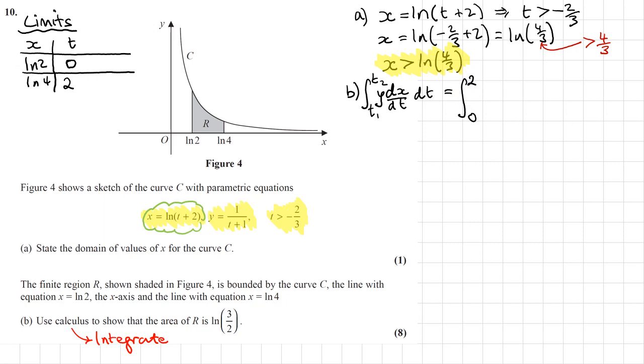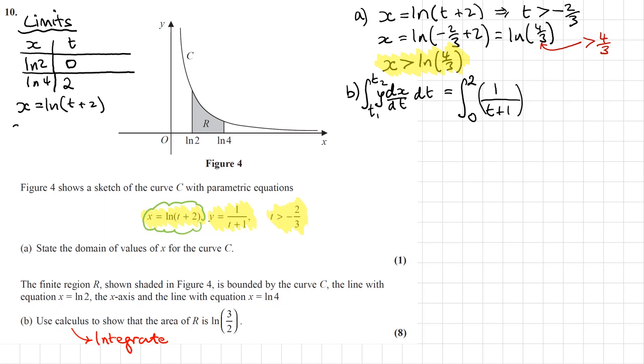Then I'm going to write down y, which is 1 over t plus 1. And that's going to be multiplied by dx dt. So now I need to differentiate this. Okay, so I've got x is equal to natural log t plus 1.